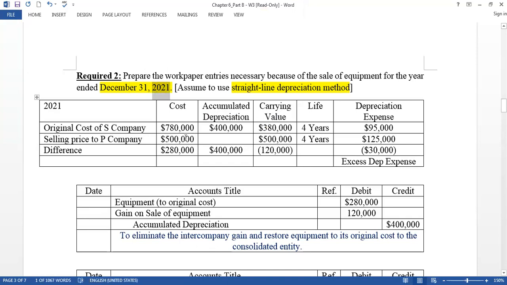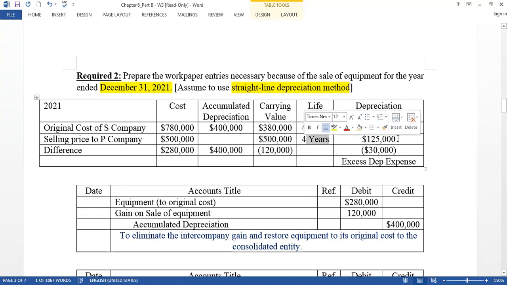They don't have any accumulated depreciation yet because they haven't recorded it; they are going to record it very soon. So the carrying value is $500,000 divided by 4, and we find that the depreciation expense is $125,000.